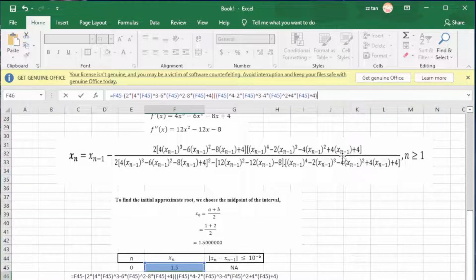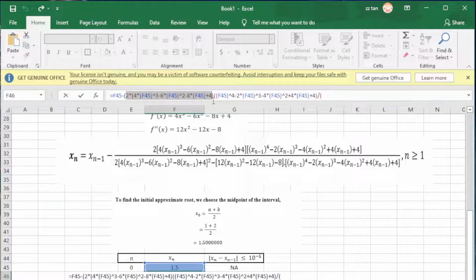Okay, close bracket, and then it's divided by this one, right? So we can just copy down this 2 times x naught square minus x naught plus 4.